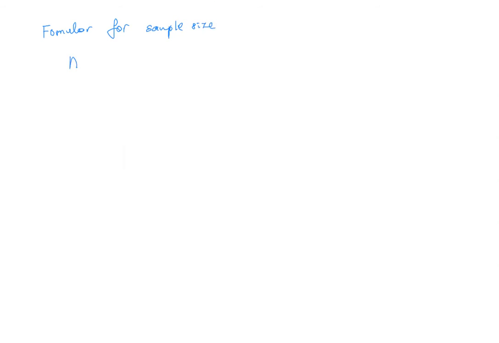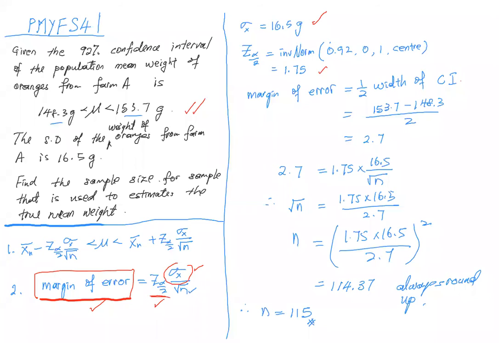Okay, so n equals, we go back to here. What is this? This is your standard score based on the confidence level, right? This is the standard deviation of the population, correct? And this is the margin of error, am I right?